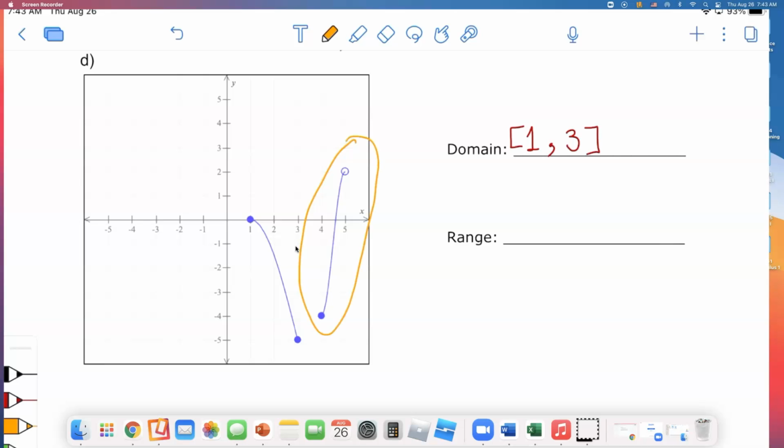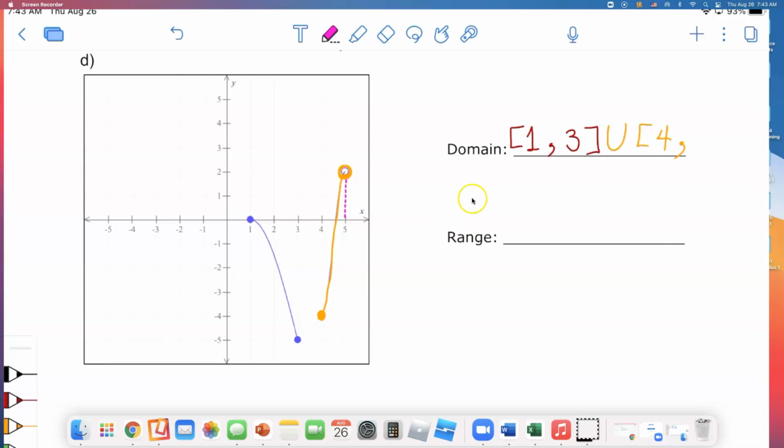this one. That graph starts at the x value of 4. Okay, so I'll go ahead and say union 4, comma. It goes to the right, and then it stops right here with an open circle, and the x coordinate of that point is 5.